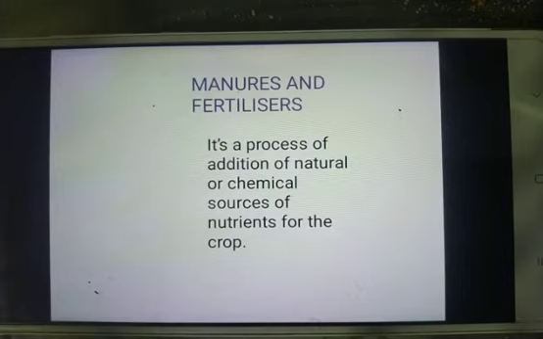Now, the land has a limited amount of nutrients. Once a crop is grown, it consumes all the nutrients required for its growth and leaves the field unfertile. Unfertile means the land does not have any nutrients.